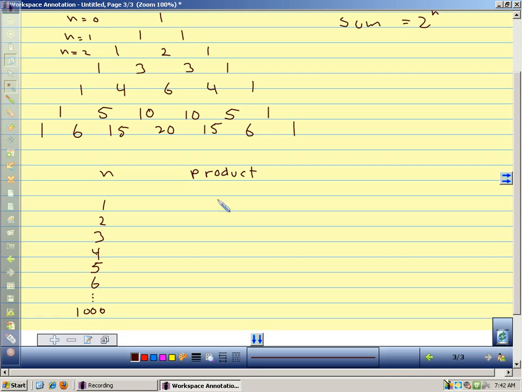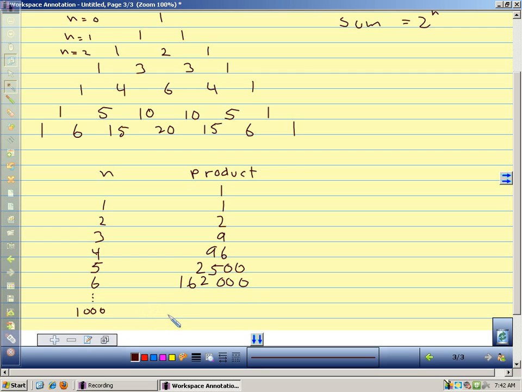If we do the product of the 0 row, our product is 1. For n equals 1 it is 1. For n equals 2, we get 2. For n equals 3, we get 9. For this, we get 96. For this, we get 2,500. For n equals 6, we get 1,620,000.